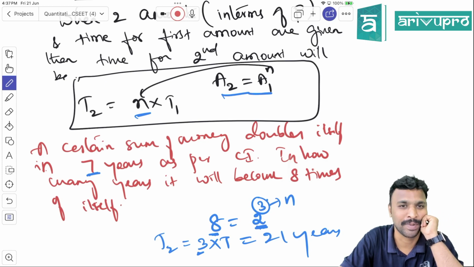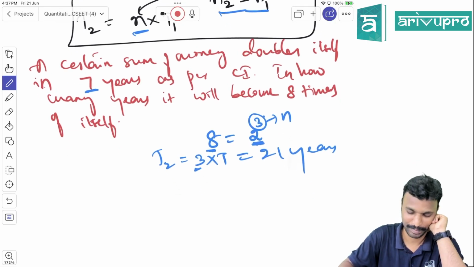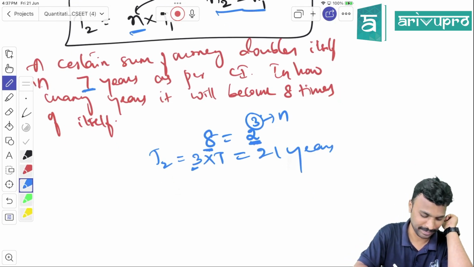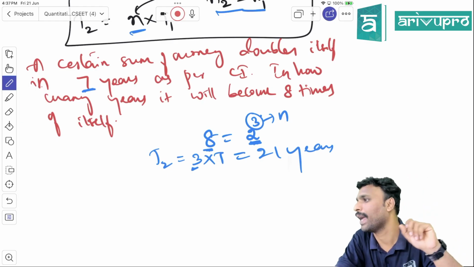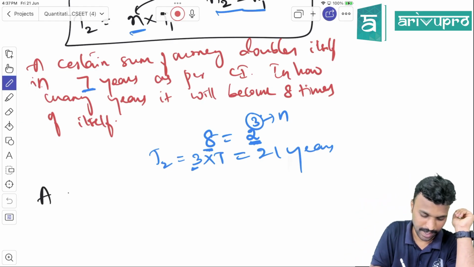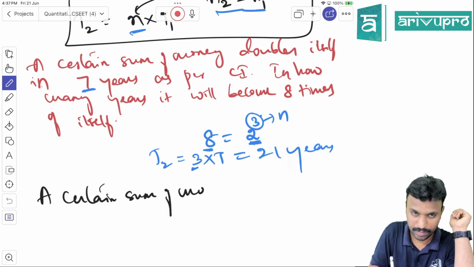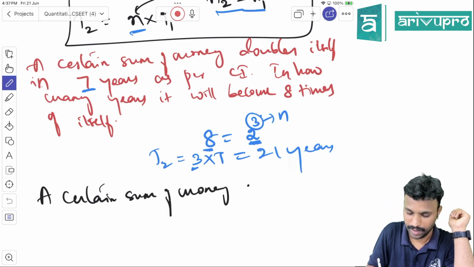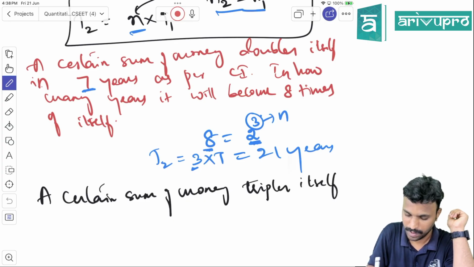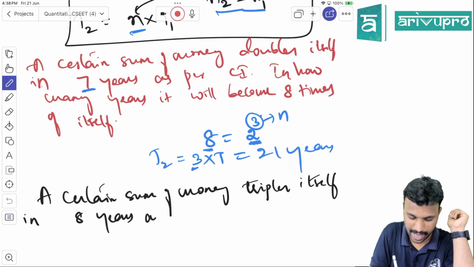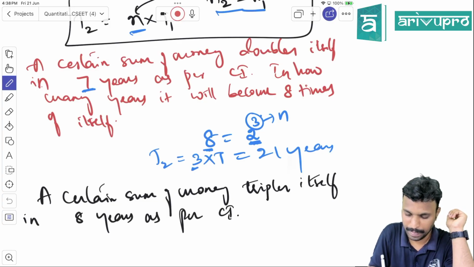Understood? Will you do the next question? Do it. Next question. Everyone take this. A certain sum of money triples itself in 8 years as per CI.